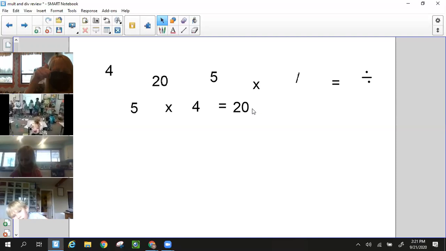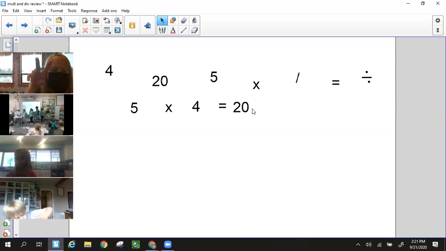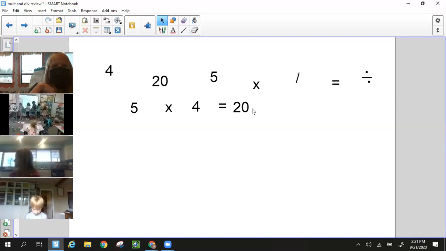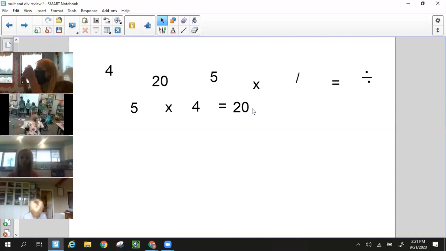Now, think about the commutative property. The commutative property states that it doesn't matter the order of the factors, you're still going to get the same product. Let's see if the students can figure it out. Write it on your board and hold it up when you have it. Hold it up, Marin. I want to see it when you have it.